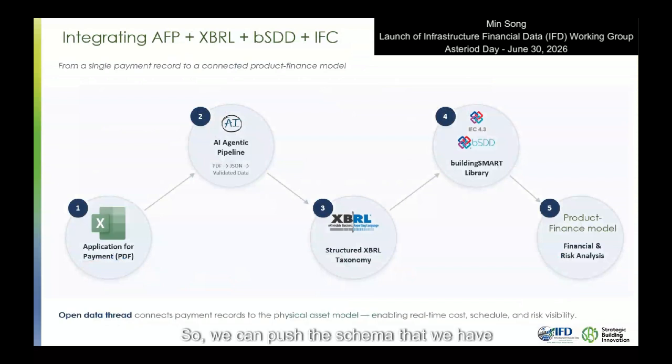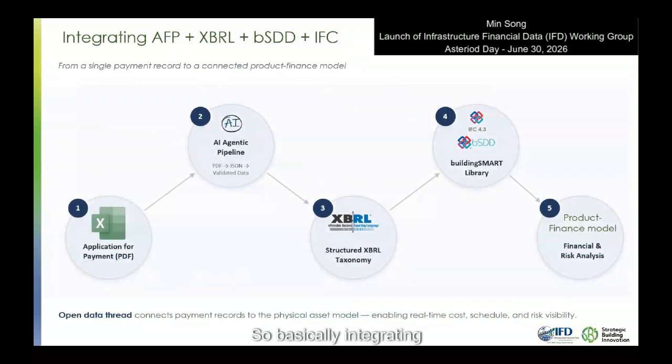So we can push the schema that we have defined using XBRL into a BSDD library. Then IFC models should be able to use those properties defined in XBRL data format because we have that exact mirror in the BSDD cloud server. And then the last part is creating a product finance model.